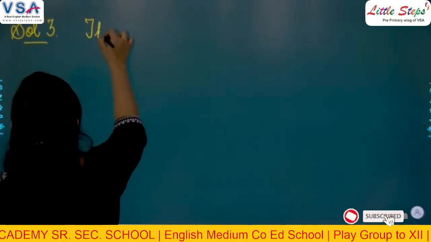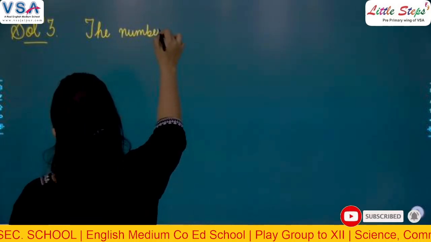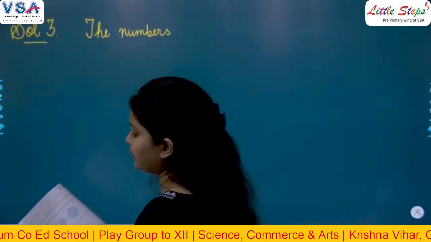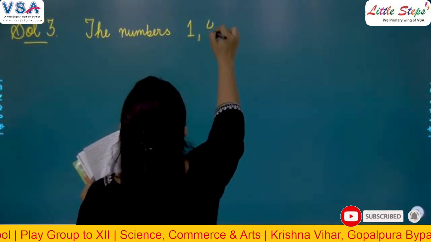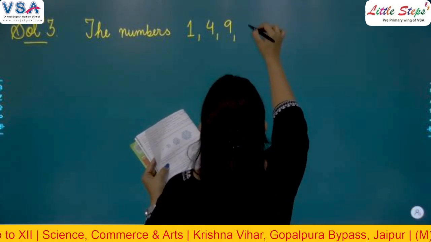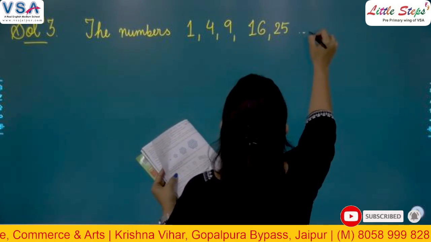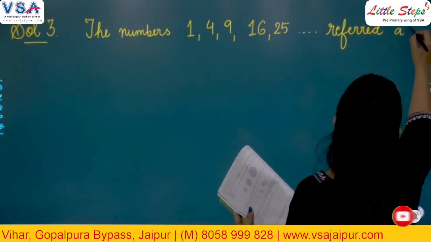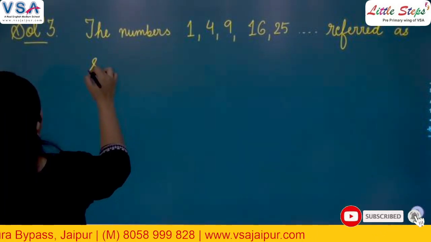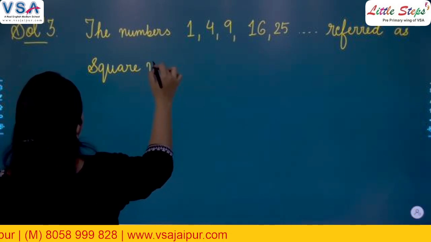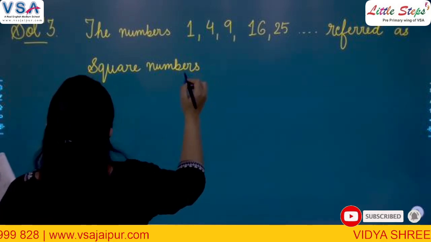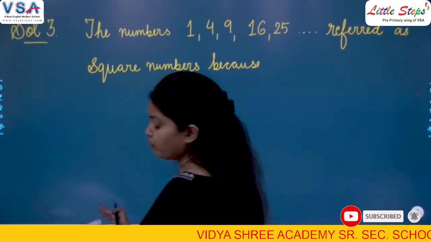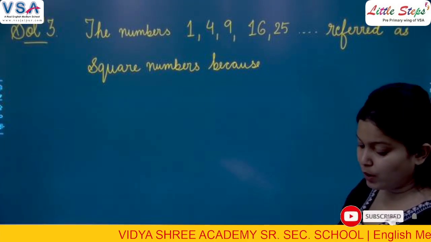The numbers 1, 4, 9, 16, 25 are referred to as square numbers because, why are 1, 4, 9, 16, 25 square numbers?